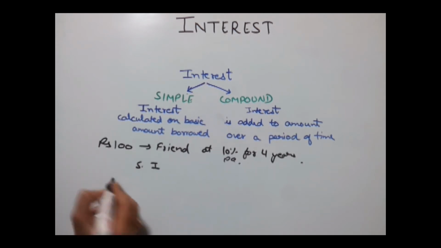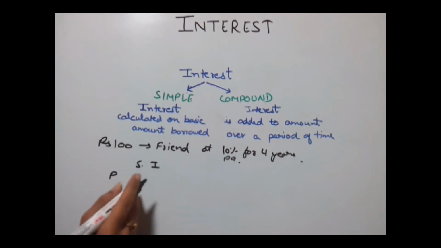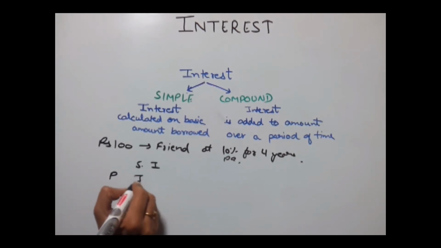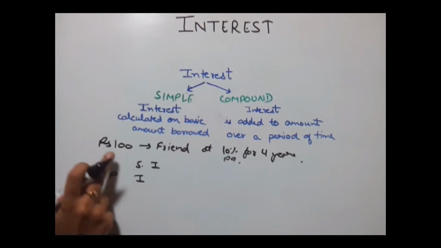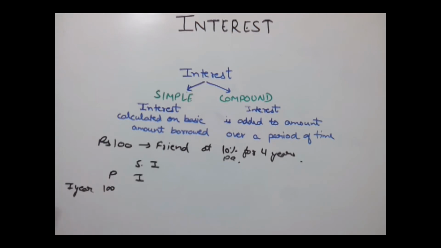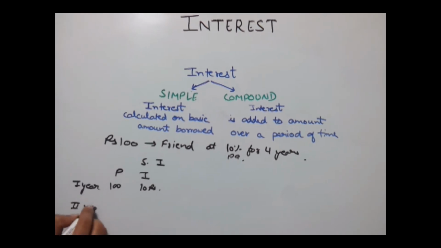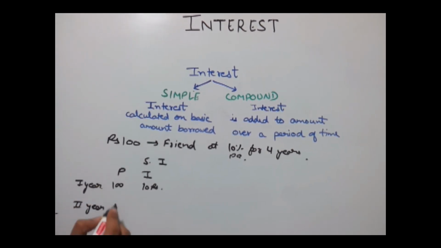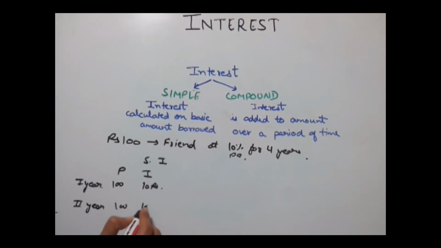The amount that you have borrowed is called the principal, and then there is the interest that you have to pay. In this case you have borrowed 100 rupees. So in the first year the principal would be 100 and your interest would be 10 rupees. In the second year your principal would remain the same, that is 100, while your interest will also be 10 rupees.